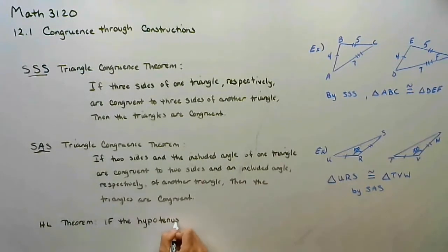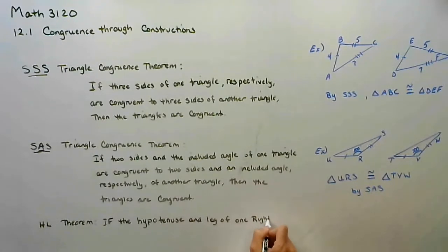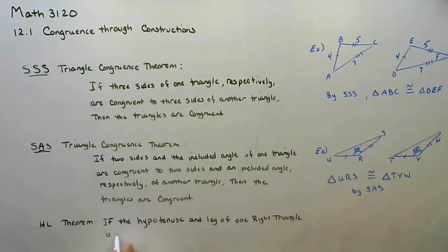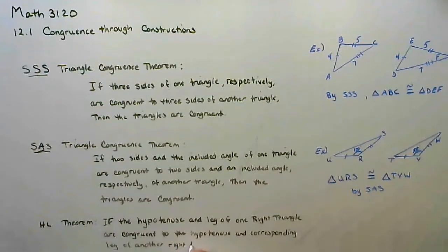If the hypotenuse and leg of one right triangle is congruent to the hypotenuse and corresponding leg of another right triangle, then the triangles are congruent.